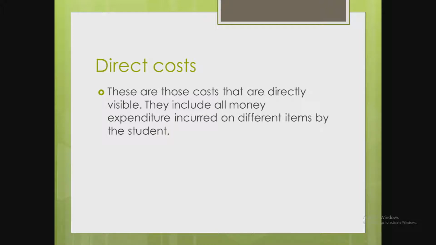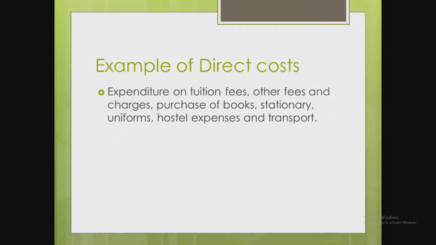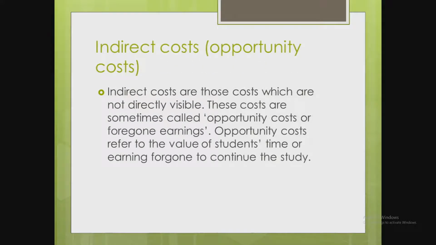They include all money expenditure incurred on different items by the student. Examples of direct costs are expenditure on tuition fees, other fees and charges, purchase of books, stationeries, uniforms, hostel expenses and transport.